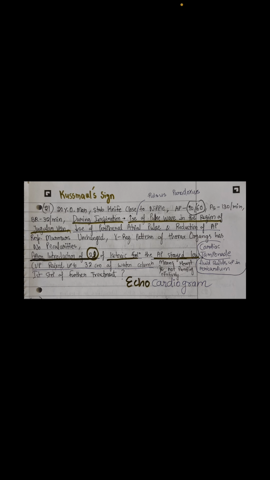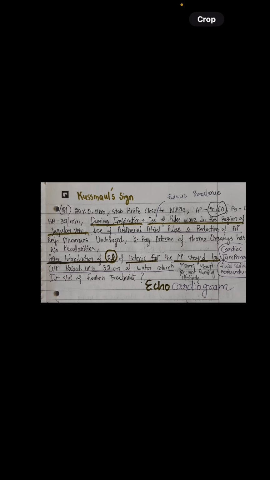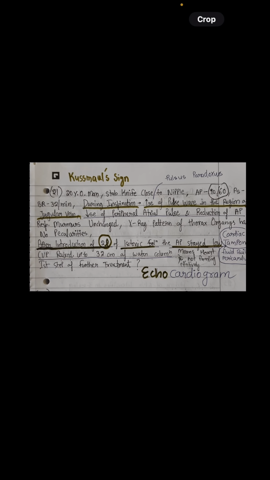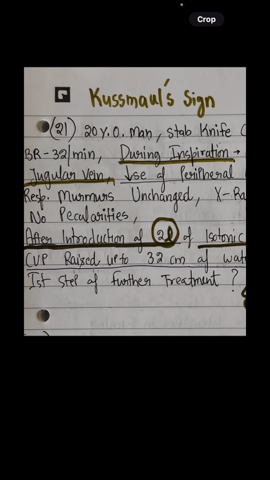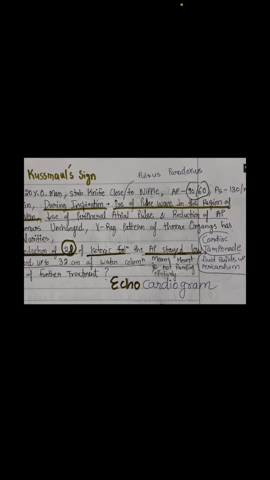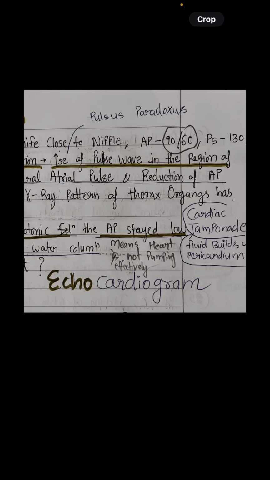Cardiac tamponade is simply the distension of the jugular veins, and even after the introduction of 2 liters of isotonic fluid, the CVP kept on rising. So what we have to do is an echocardiogram.